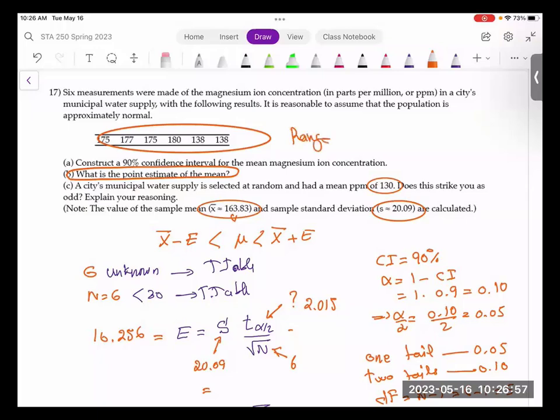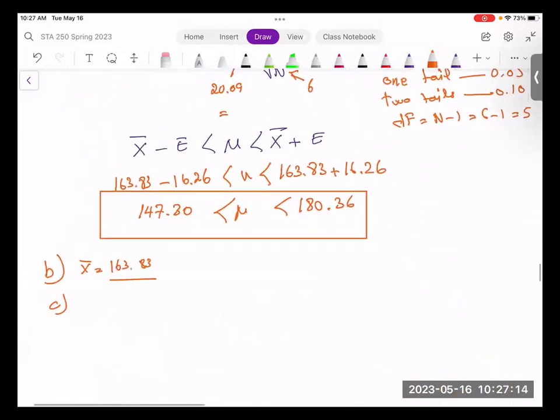So the range is going from 138 all the way to 180, and 130 is going to be falling here. So yeah, it's kind of odd. It's outside of the range, right? And the second thing is the same reason for the confidence interval: 130 is over here.